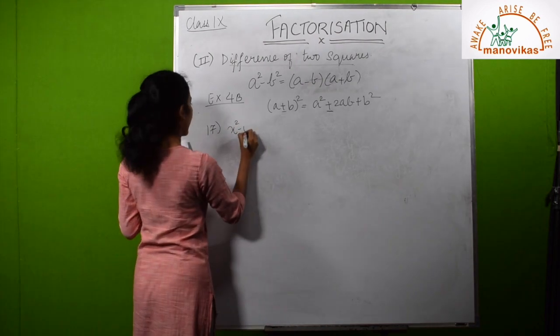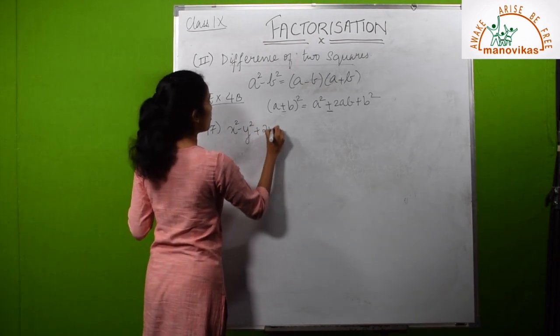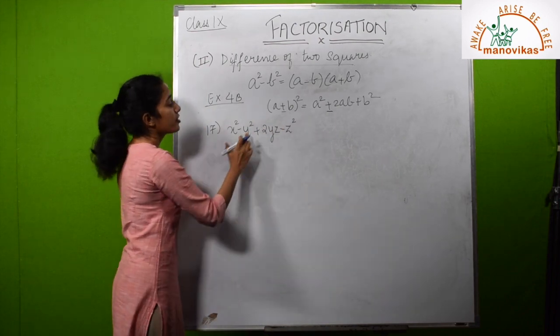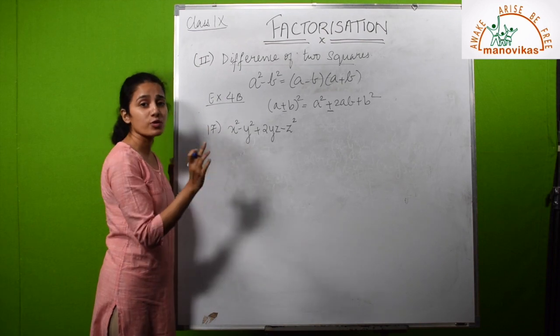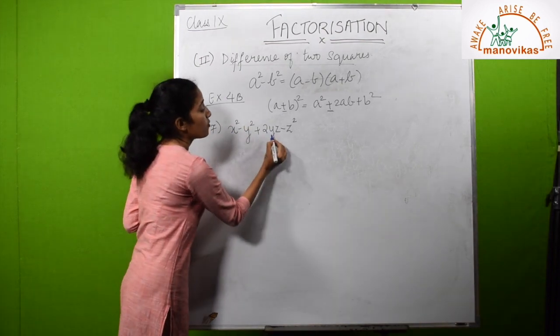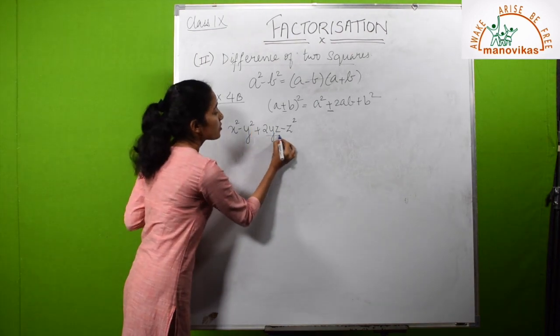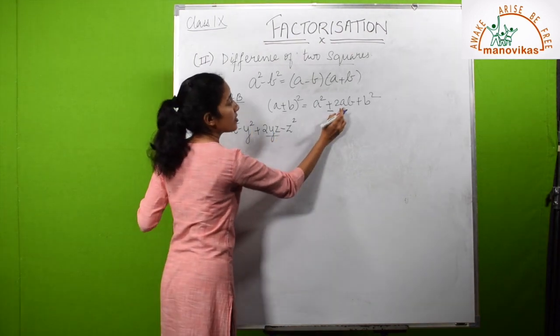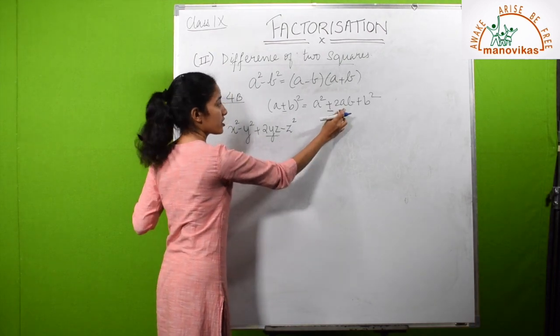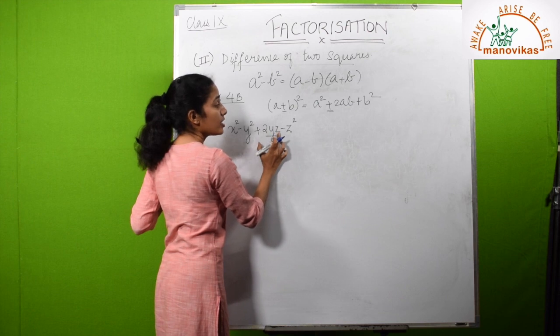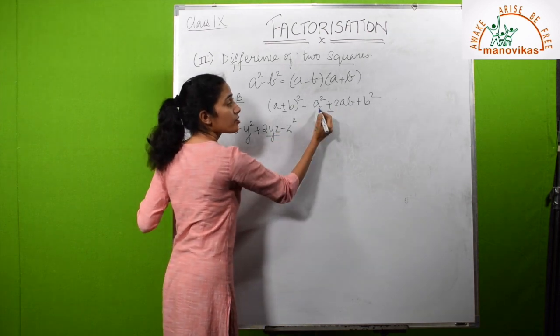You have x squared minus y squared plus 2yz minus z squared. Now here you see that there are minimum 2 square terms. We will check the one which is a product of 2 variables here. Now these 2 variables can also be the same. You see that is the same as the expansion of a plus b, only in place of ab there is yz. So to complete the expansion, which terms do you require?